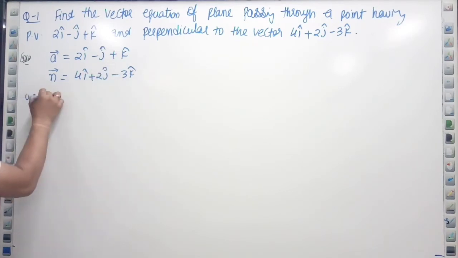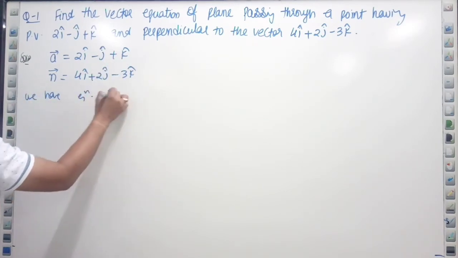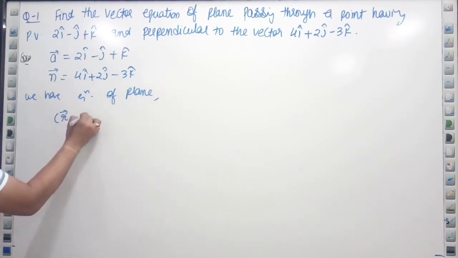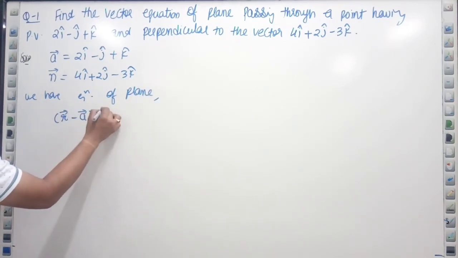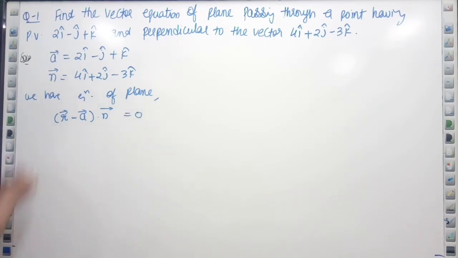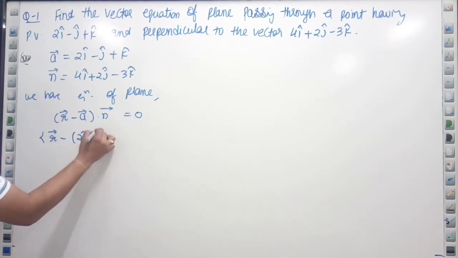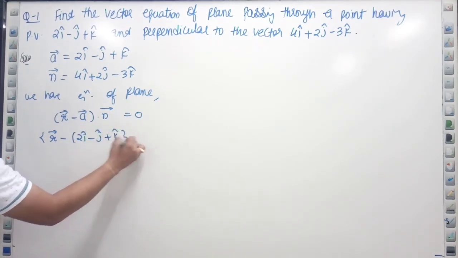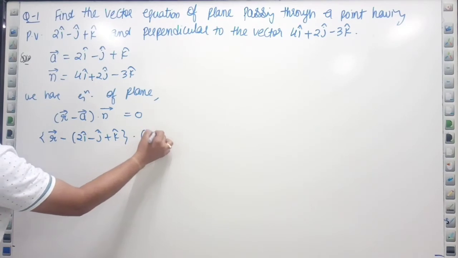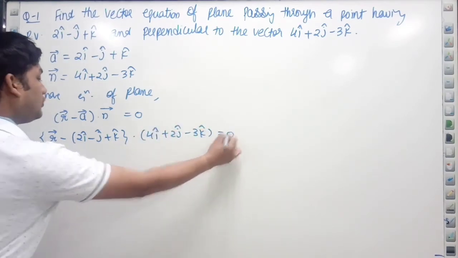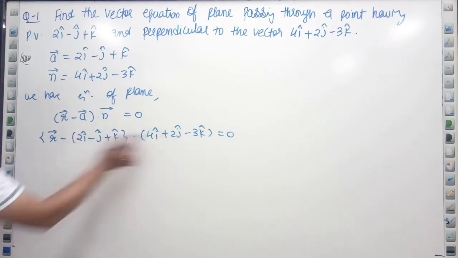So we have the equation of plane. What is the equation of plane? It is r minus a dot n vector equal to 0. What is a? a is 2i minus j plus k, dot n vector 4i plus 2j minus 3k equal to 0. Now I will be multiplying these two.